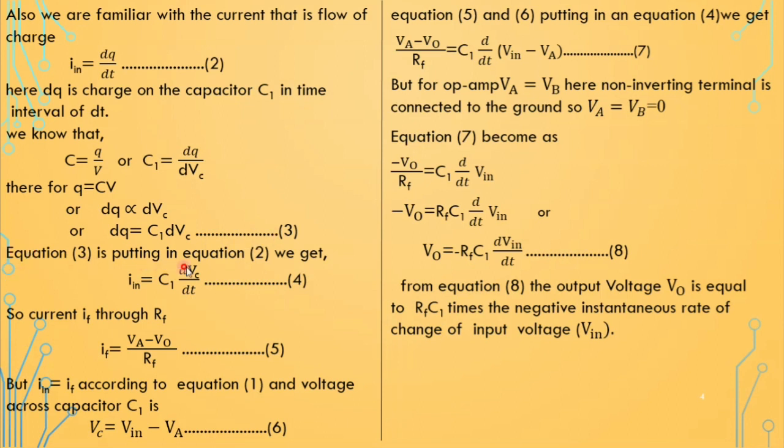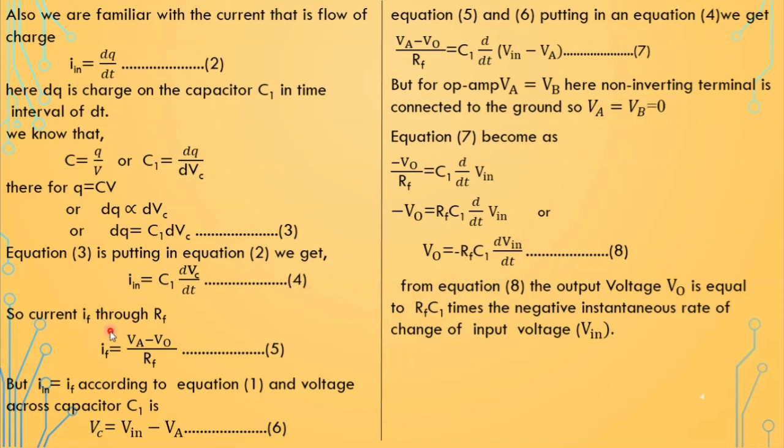Equation 3 is put in equation 2. So equation 2 becomes IN is equal to C1 dVc divided by dt. This is our equation 4.